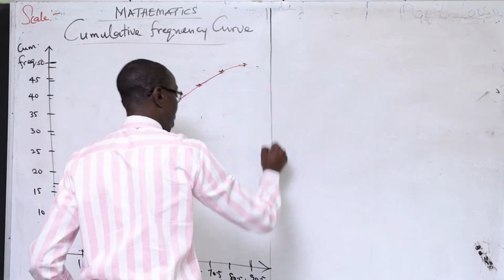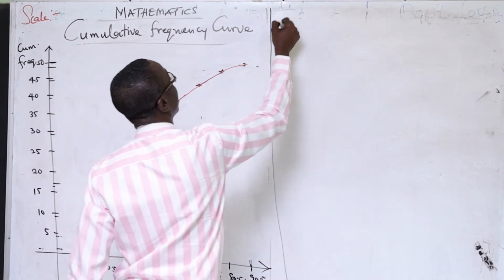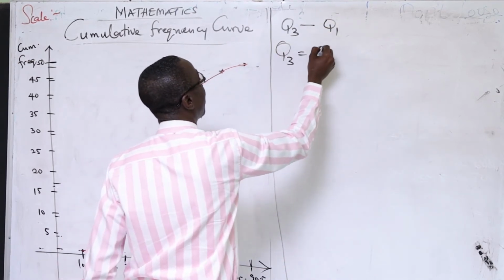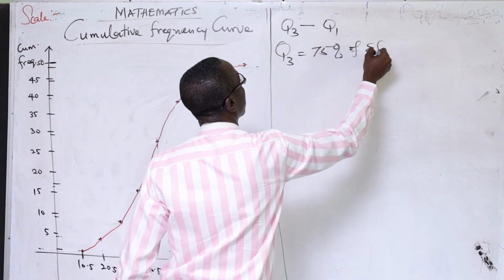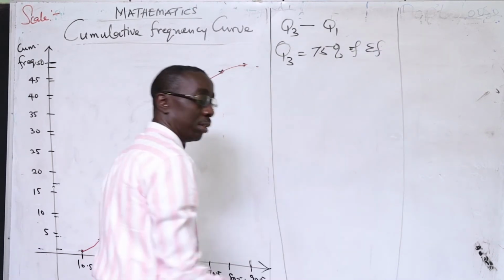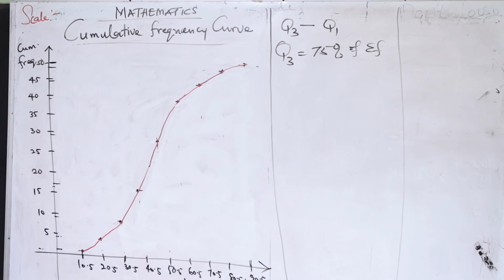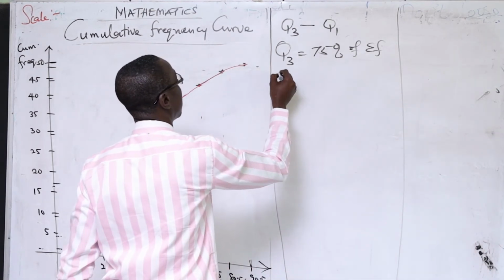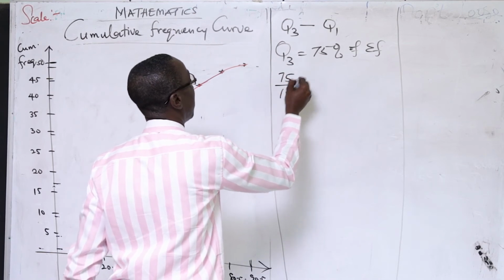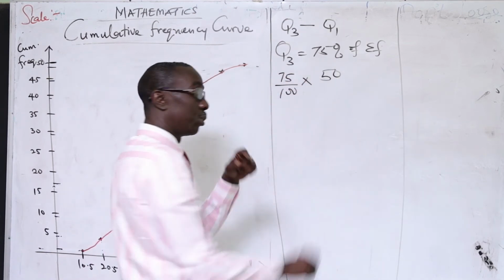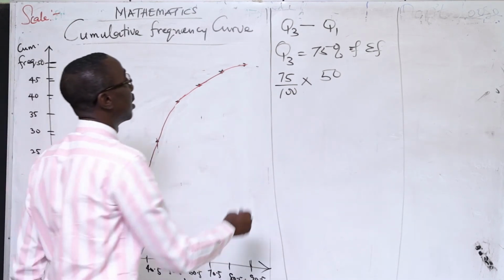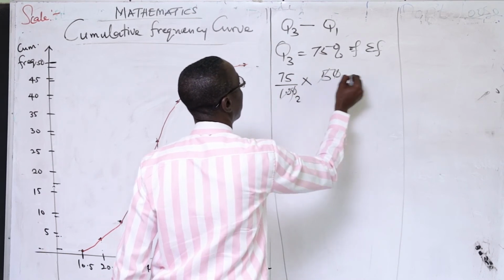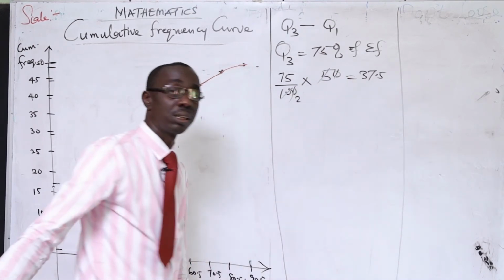Use the curve to estimate the interquartile range. What is the interquartile range? Q3 minus Q1. Q3 here will be 75% of summation F. This is 75 over 100 times summation F, which is 50. Total frequency is summation F. This gives you 37.5. That is not the answer.